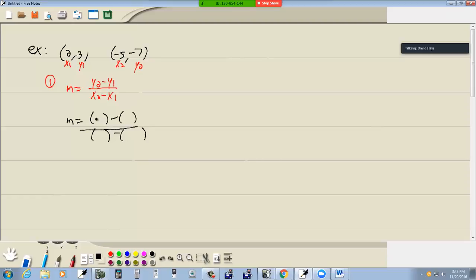So y2 is -7, y1 is 3, x2 is -5, and x1 is 2. So we got -7 minus 3 gives us -10. -5 minus 2 gives us -7. So that gives us 10/7. Negatives cancel.